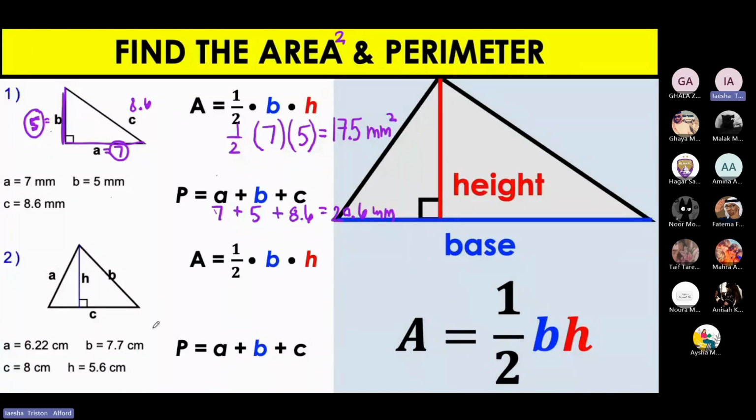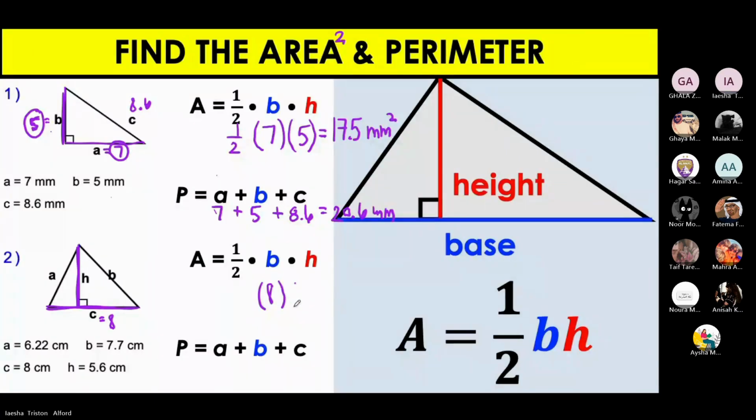For question number 2, we need the base and we need the height. So what number is our base? 8. And what number is our height? 6.22.